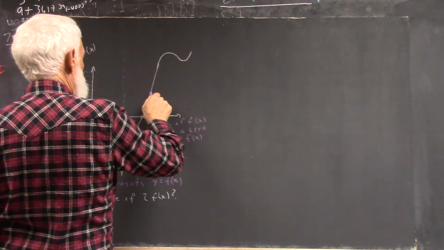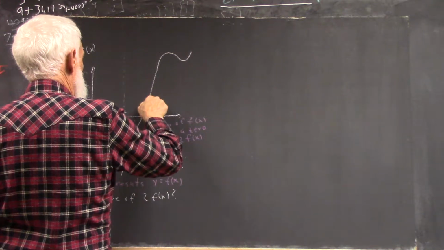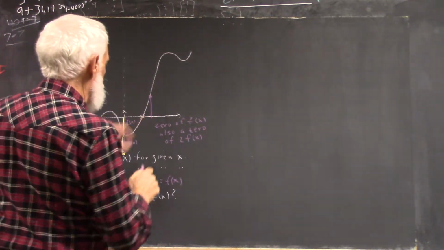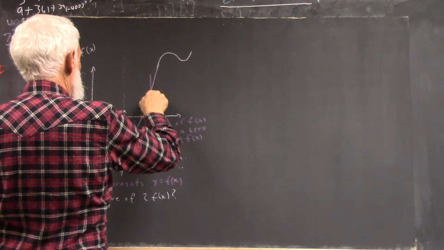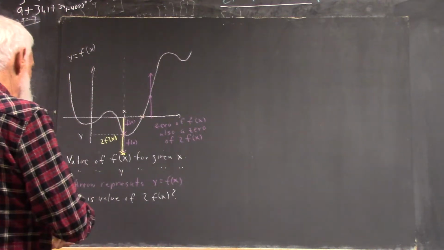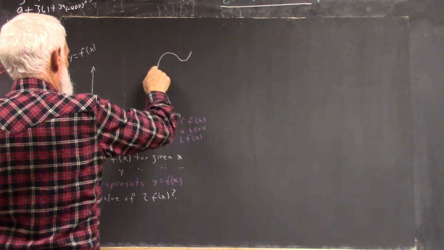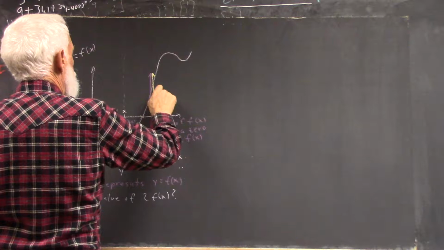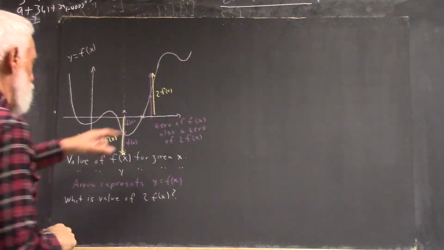Okay, well, let's take a point over here. For whatever this value of x is, here is an arrow that represents the value of f of x. So if I want the value of 2f of x, I'm going to have to add another vector of the same length, so that now I have a vector representing 2f of x for this value of x.